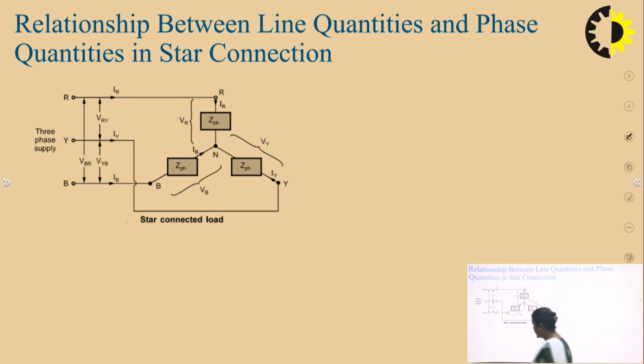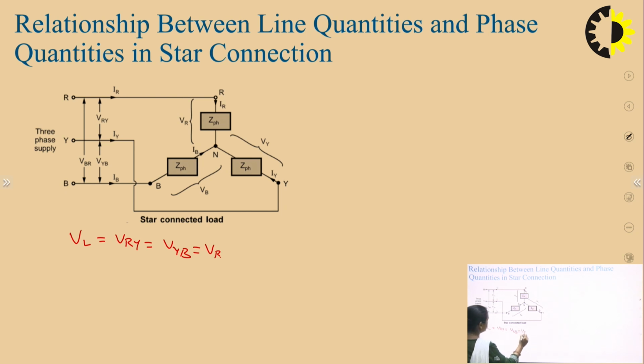So here we will write that VL is equal to VRY is equal to VYB is equal to VBR. So all these are line voltage, right? Then next we can write IL is equal to IR is equal to IY is equal to IB. All these currents are line current.